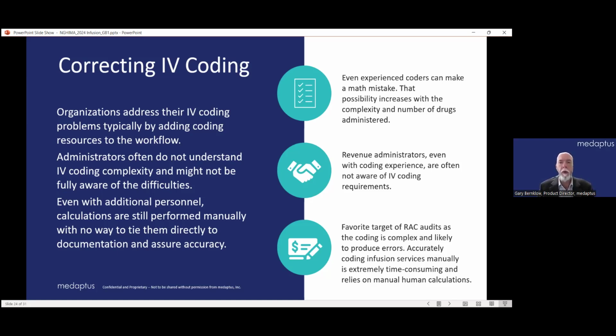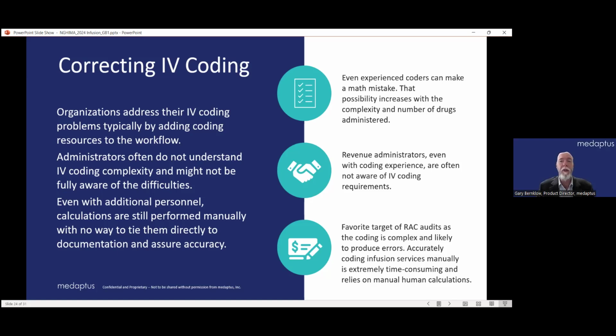And they may not be familiar with the fact that you have to have an initial service. You have to calculate the duration. If it's 91 minutes, it's an extra unit. So they may not be aware of it at all, right? And even with additional personnel, calculations are still performed manually. You still have to rely on head math. You're still going to have coders or nurses trying to calculate these codes based on duration.